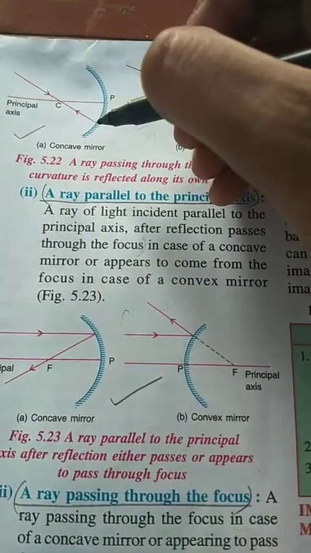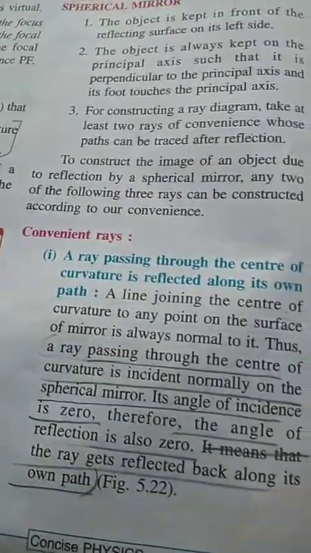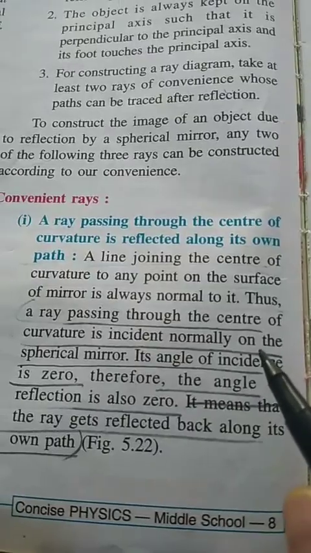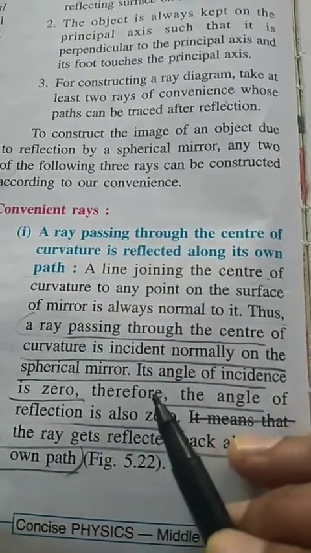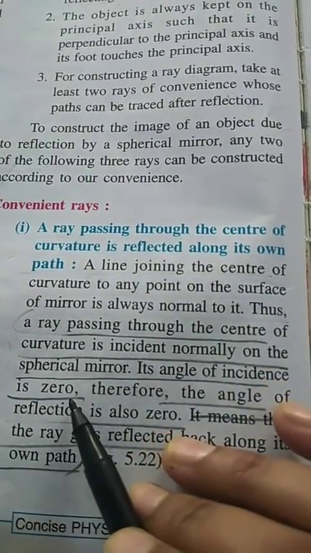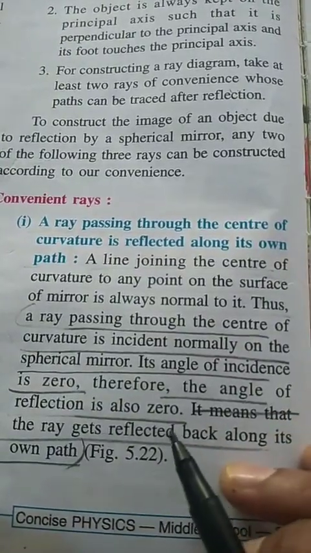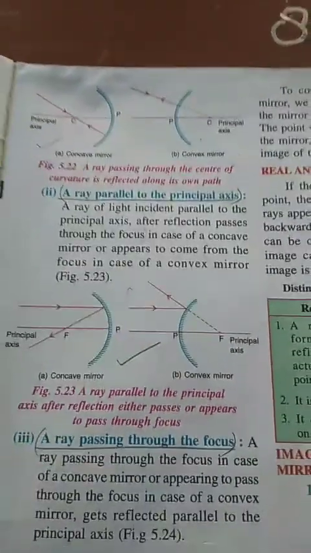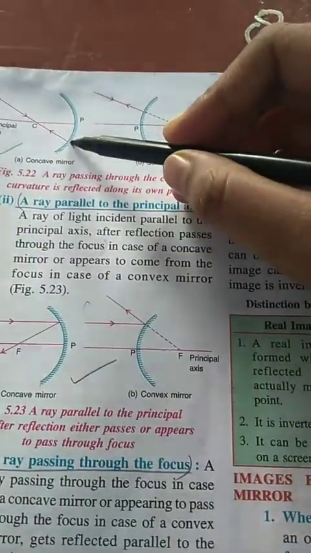It will not be deflected anywhere, and in this condition its angle of incidence will be 0 and the angle of reflection will also be 0 because it is traveling in the same path. It can be in both mirrors, in a concave mirror and in a convex mirror.